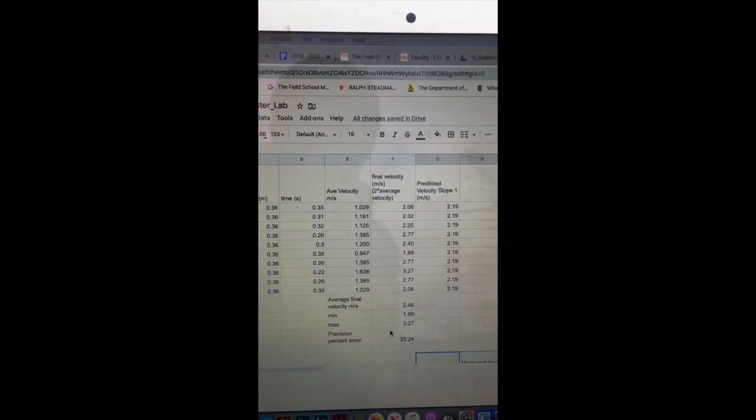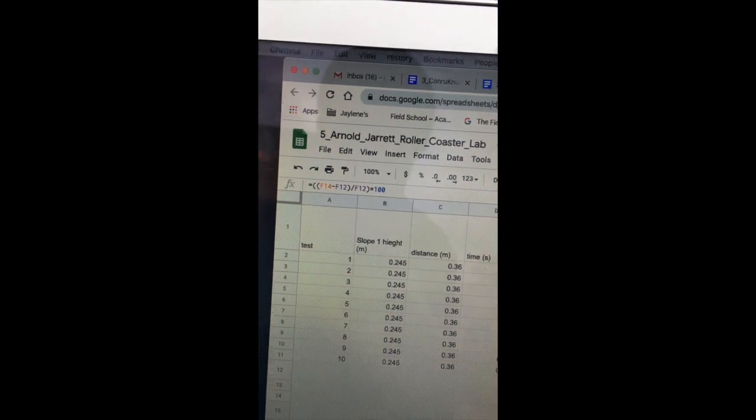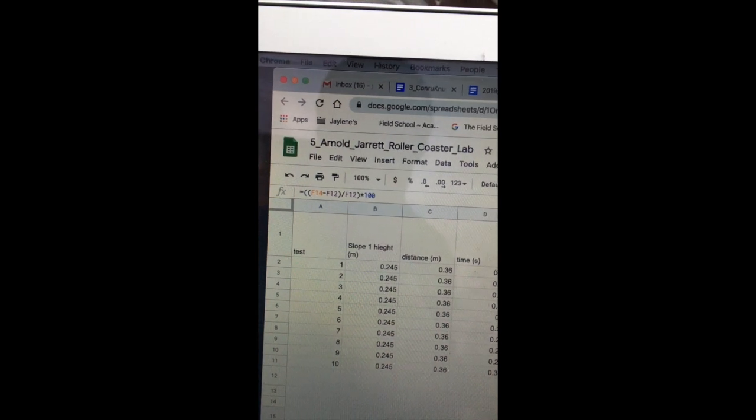Then I found my minimum of that calculated column and my maximum, and I used the one that was the furthest outlier to calculate my precision percent error using this equation: furthest outlier minus average, divided by average, times 100. We've used that a lot. And so I got a precision percent error.